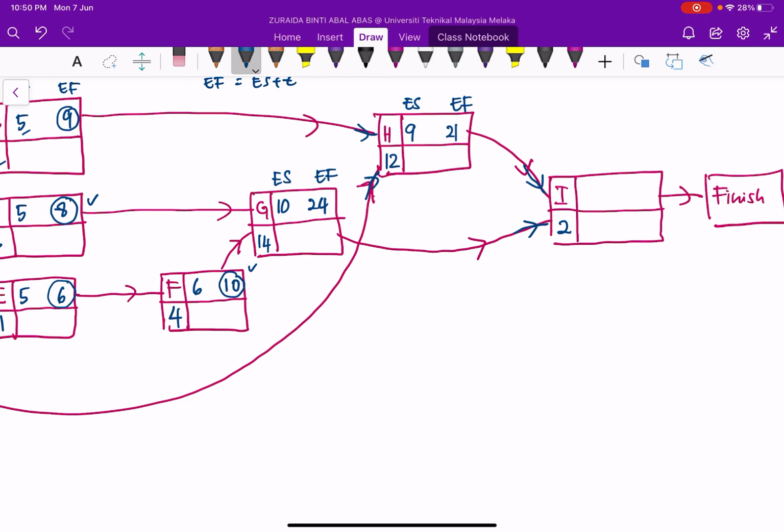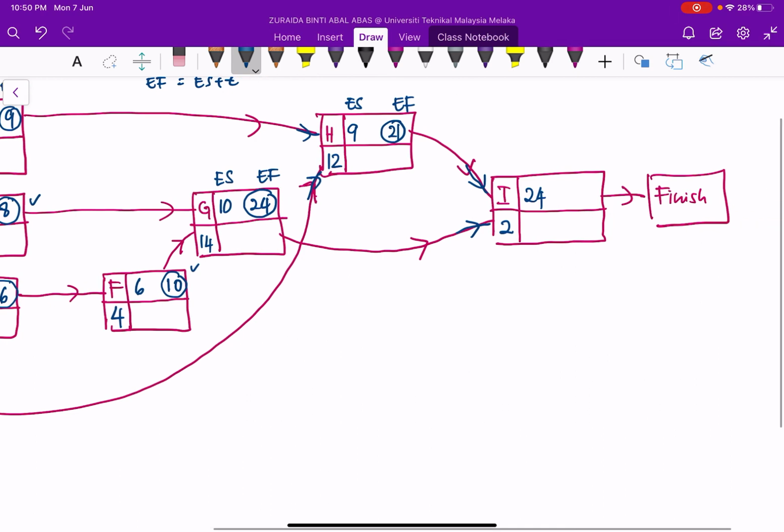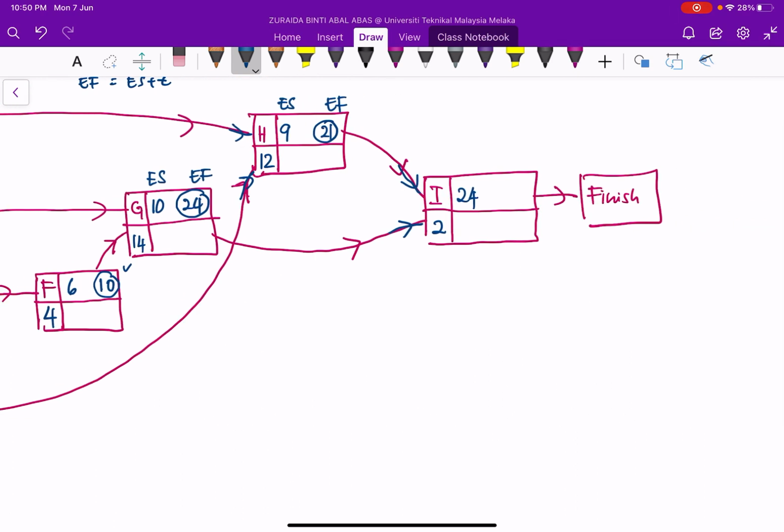H finishes at 21 and G finishes at 24. Therefore, I can only start at 24. This one is a bit easier: 24 plus 2, so the earliest finish time is 26.